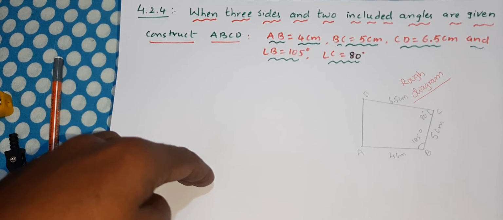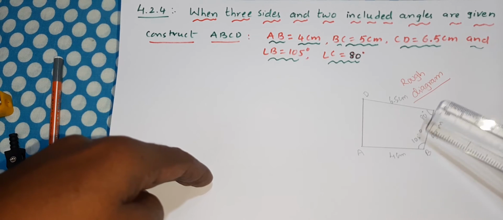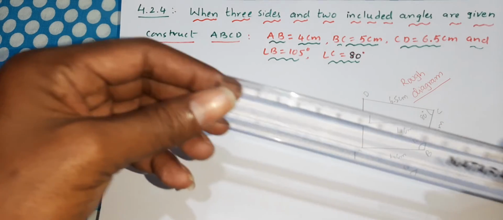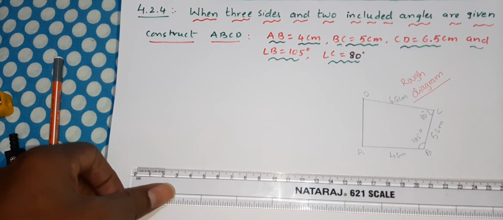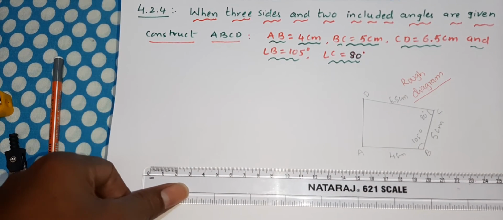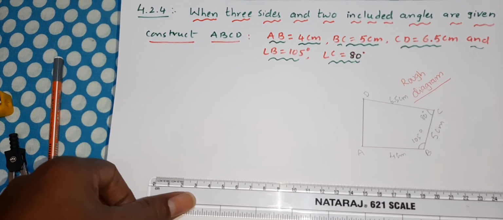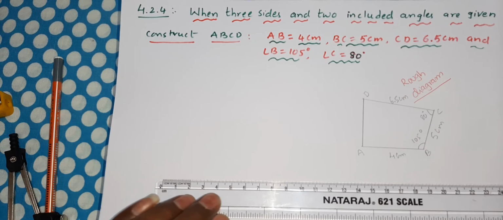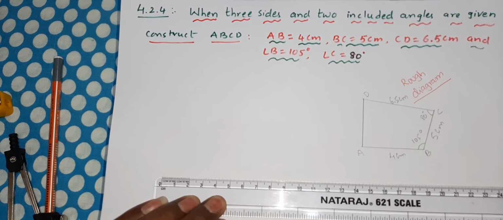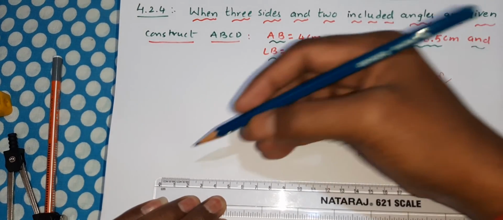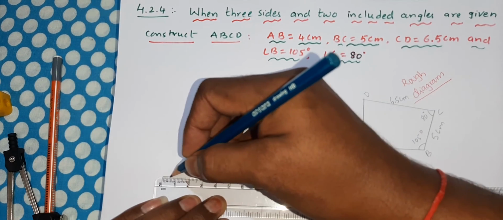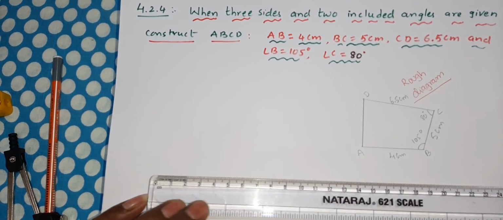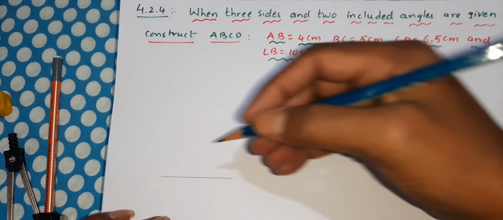First of all, draw BC 5 centimeter. Draw a line segment BC 5 centimeter. So BC 5 centimeter.